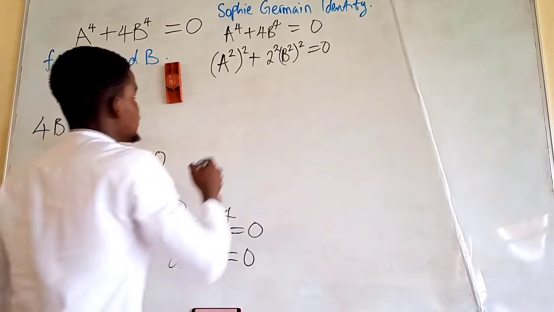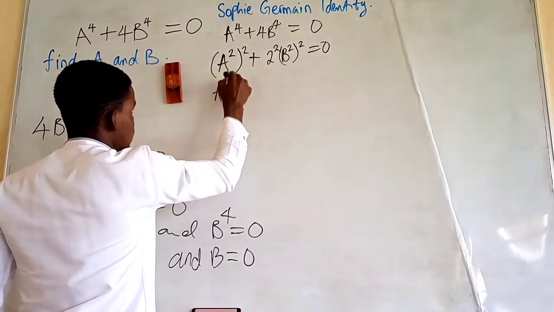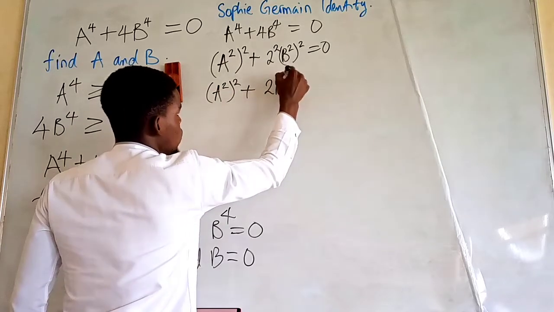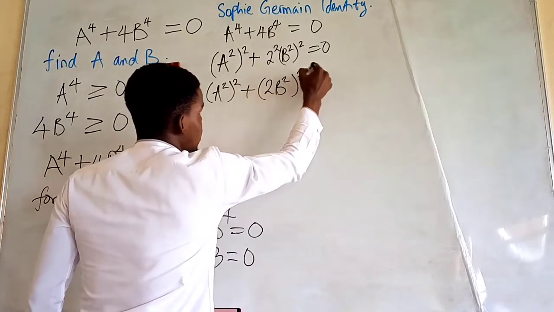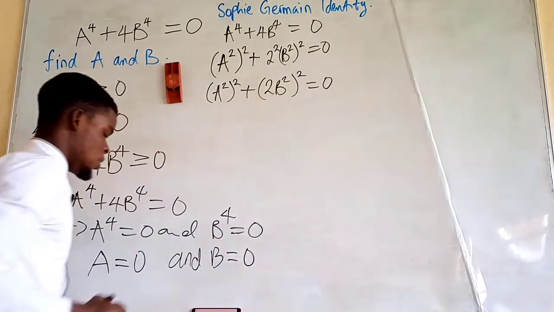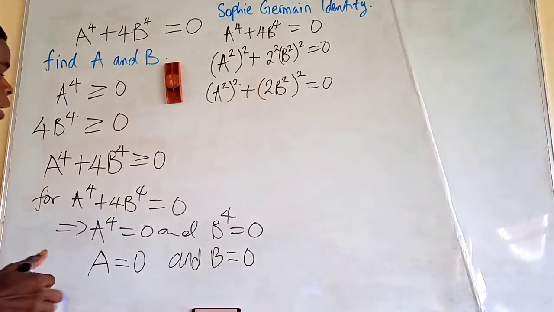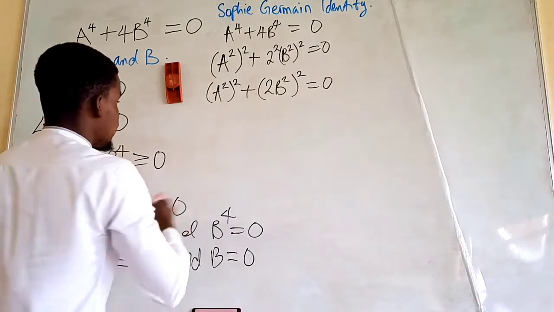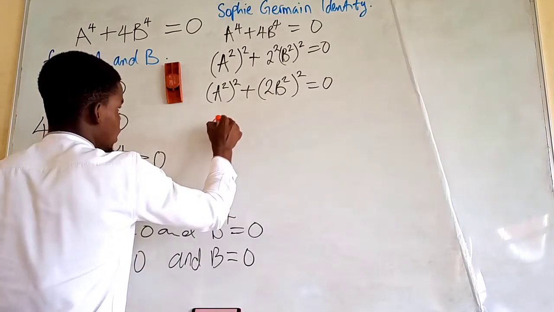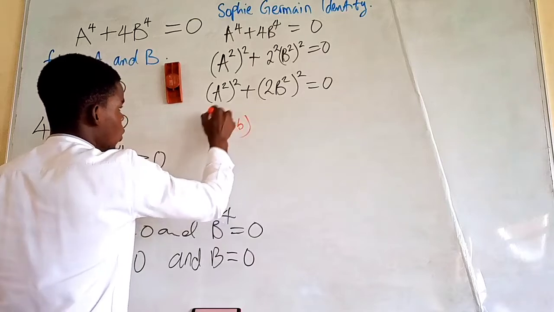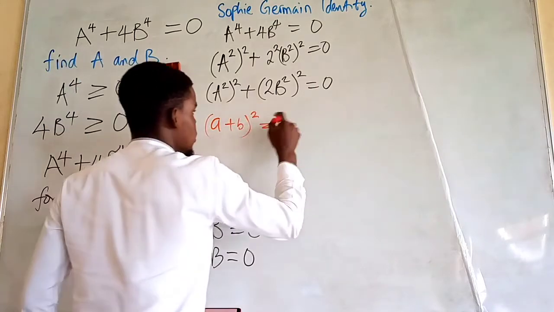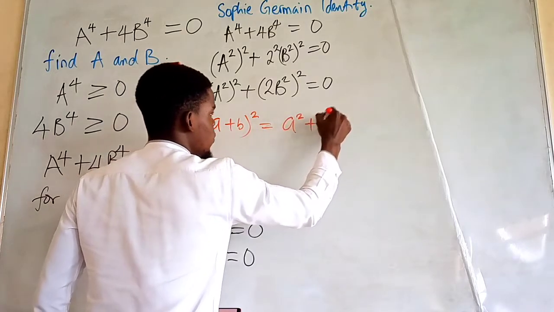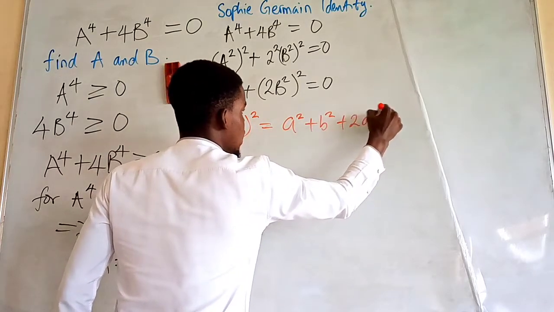I'm actually doing that because I want to get a squared and then the square of this plus 2b squared, and then the square of everybody there, because it's just a product of squares. Okay, now I want you to recall that when you have a plus b all square like this, it is the same thing as saying a squared plus b squared plus 2ab.